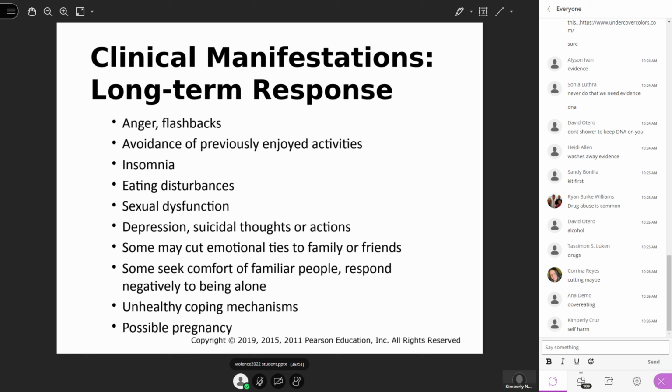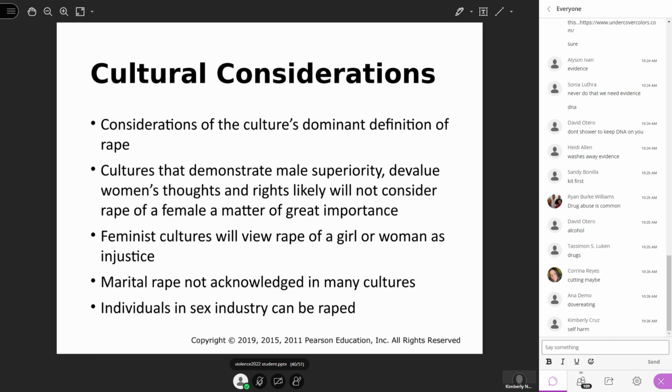So then thinking about some ethical or religious concerns about that, some people might not believe in terminating a pregnancy, and this can lead to a whole lot of other long-term, I would say, I don't want to say consequences, a lot of things that they will have to deal with for a longer period of time.